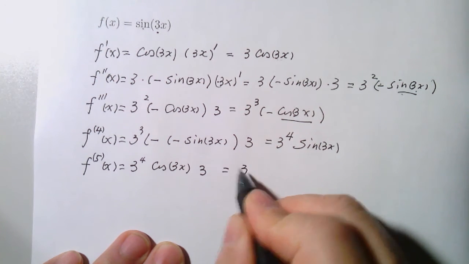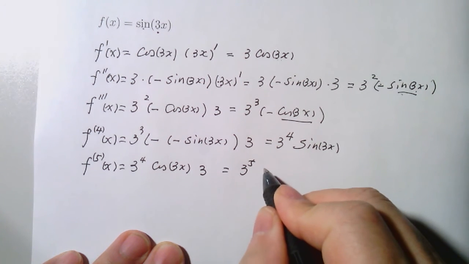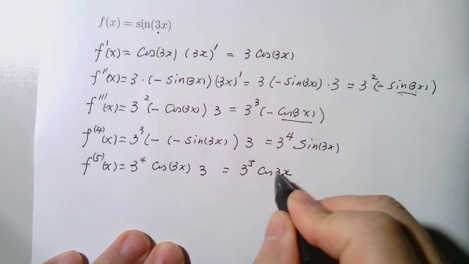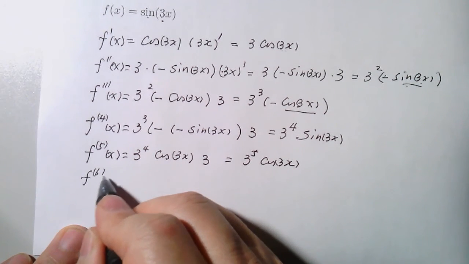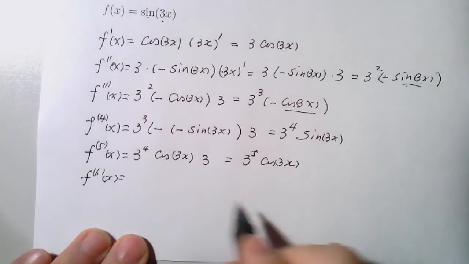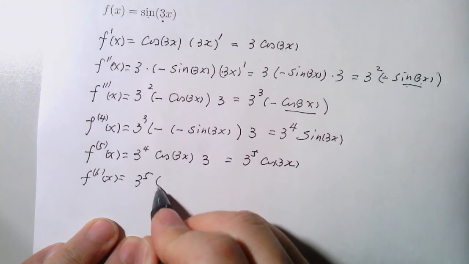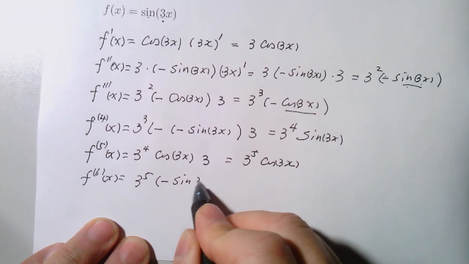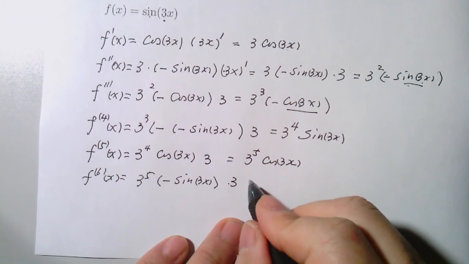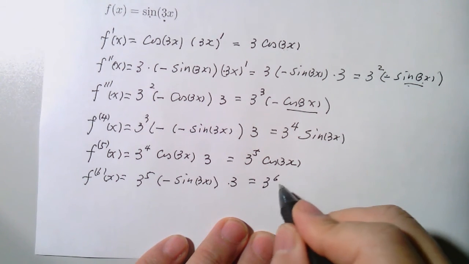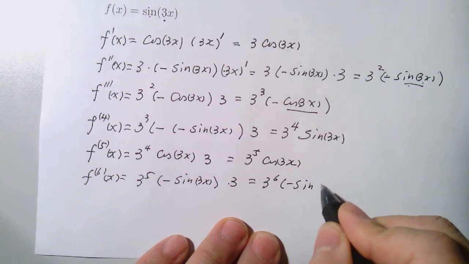You get 3 to the fifth cosine 3x. And the sixth: I have 3 to the fifth negative sine 3x, and I get another 3. So here I have 3 to the sixth negative sine 3x.